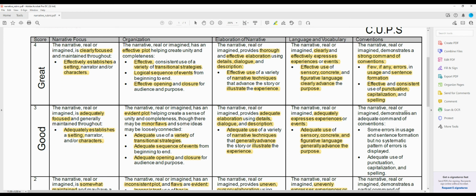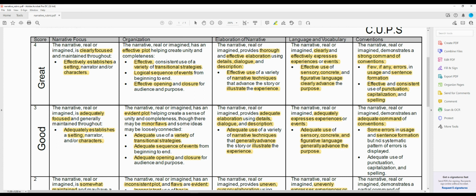Compared to a good paper, the narrative, real or imagined, demonstrates an adequate command of conventions. You see that word adequate all throughout the 3. Adequate means good enough. Effective means great. They do a great job at that. I see that word effective all through 4. I see adequate all through 3. Some errors in usage and sentence formation, but no systematic pattern of errors is displayed.